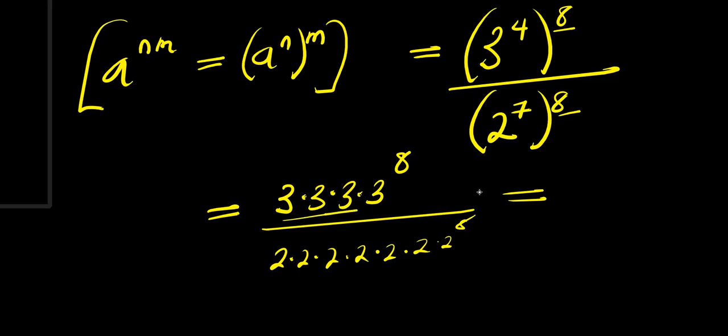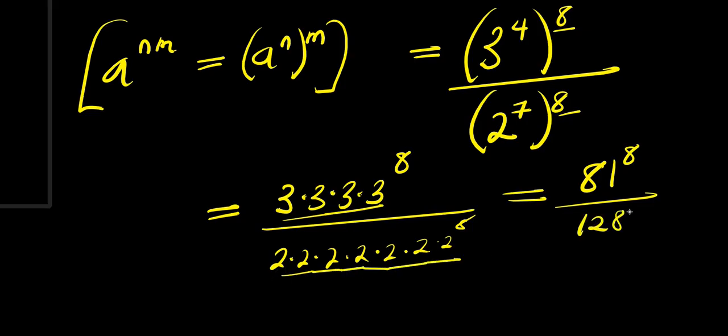This is 81 power 8 divided by 4, 8, 16, 32, 64, 128, and this is raised to the power of 8. Now the exponents are the same.